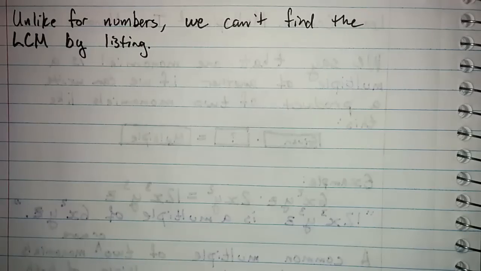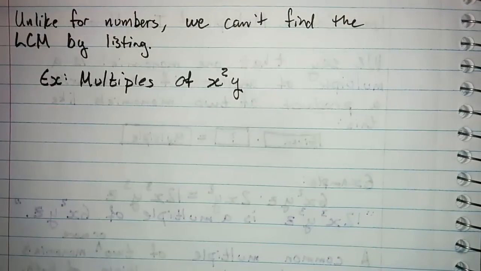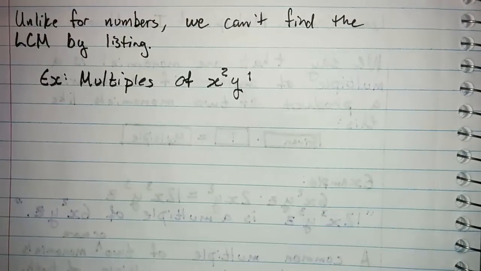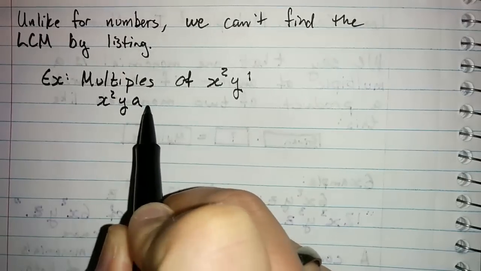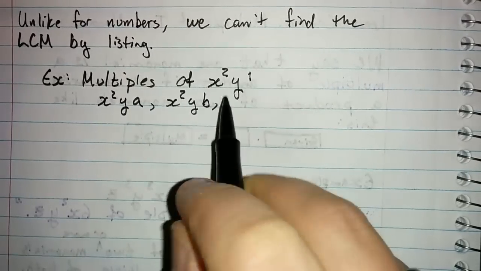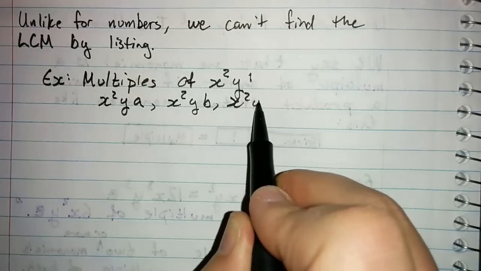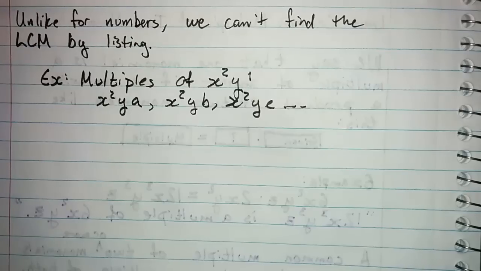So if our monomial is x squared y, well, we can start with x squared y times a, x squared y times b, x squared y times c, and so on. And that doesn't even start on listing coefficients. This just isn't going to work out.